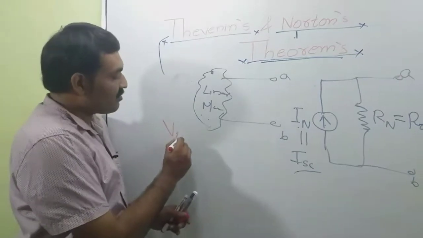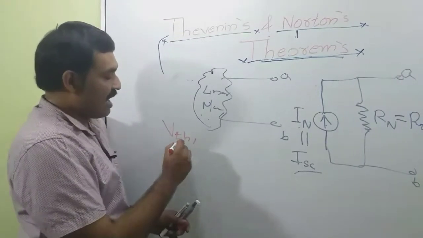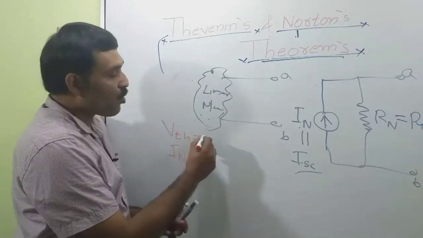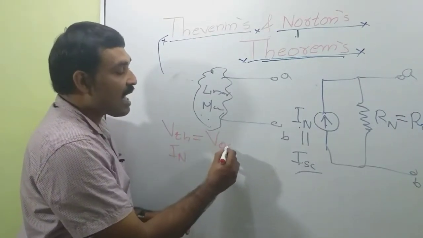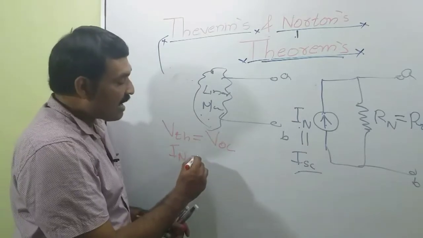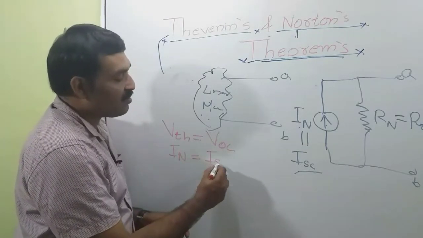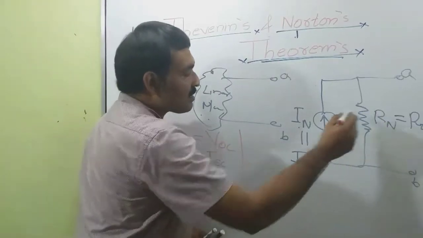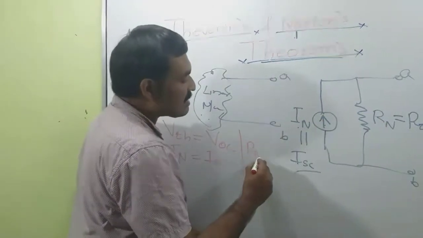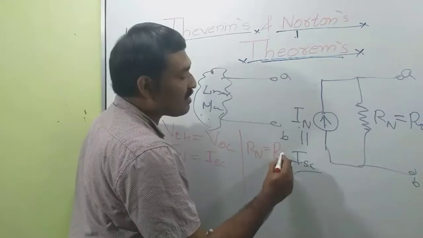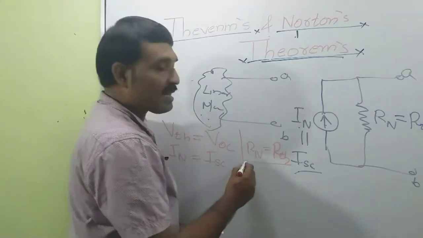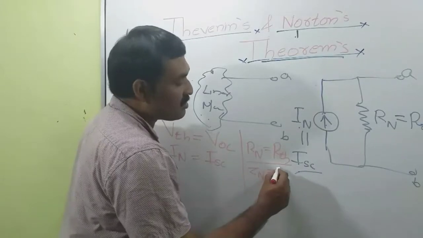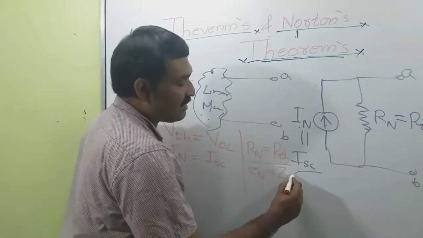Suppose this is our Thevenin's voltage VTH and IN is the Norton's current. So VTH is the open circuit voltage across the load terminal, and IN is the short circuit current flowing through the load, and the Norton resistance RN is the same as the Thevenin's equivalent resistance. In the case of an AC network, ZN is equal to ZTH.